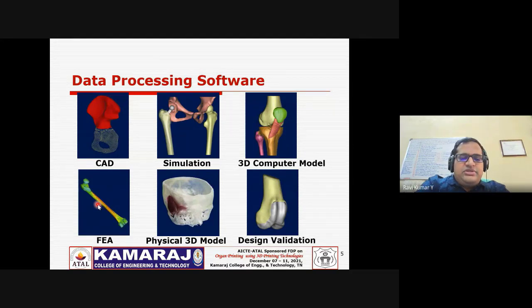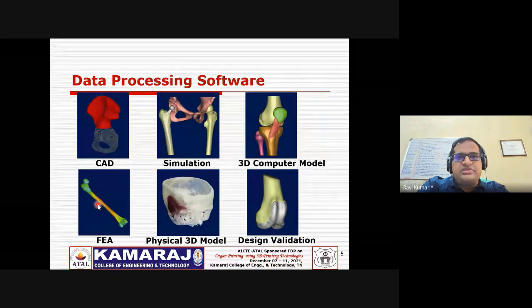We need to check for the failure of that implant before you implant it into the patient's body. So you do FEA analysis, or sometimes a CFD analysis for cardiac or neuro applications.